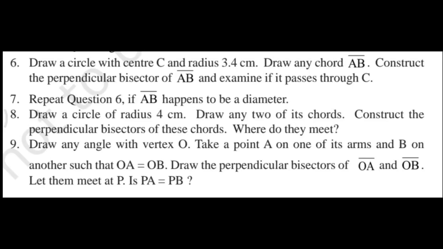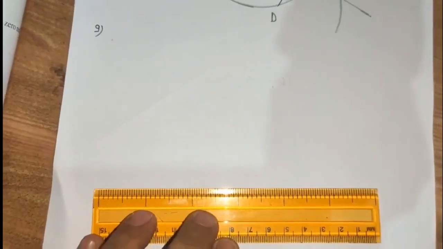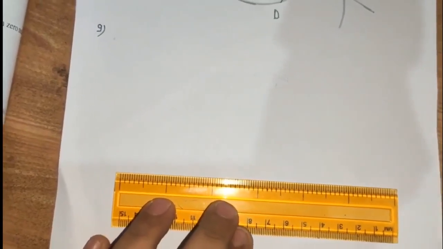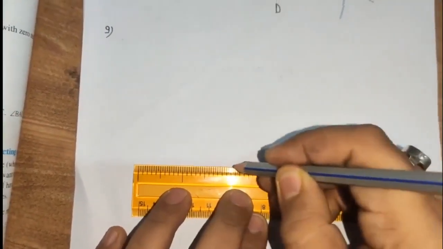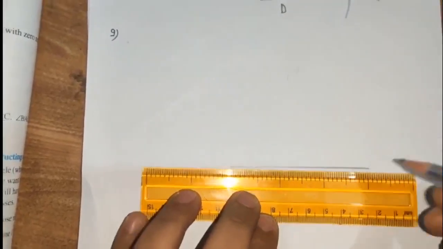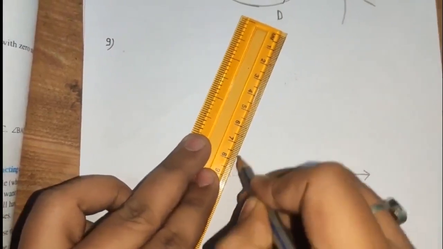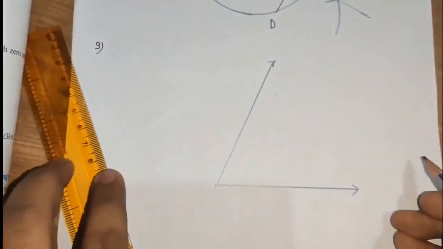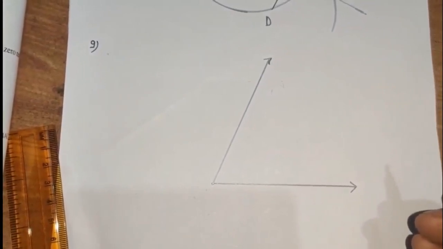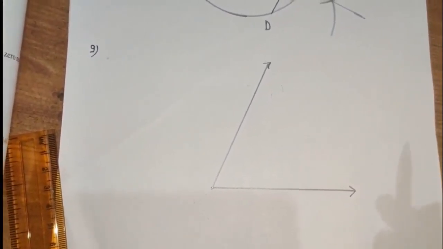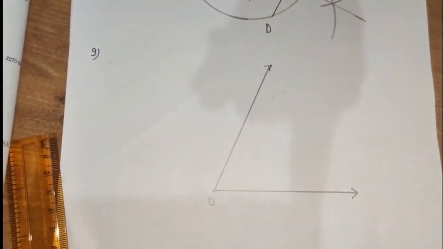Now let's draw this. It is written in question number 9, draw any angle. So any angle we can draw. This is the angle. Now take a point A on one arm and B on the other arm so that OA and OB should be equal.